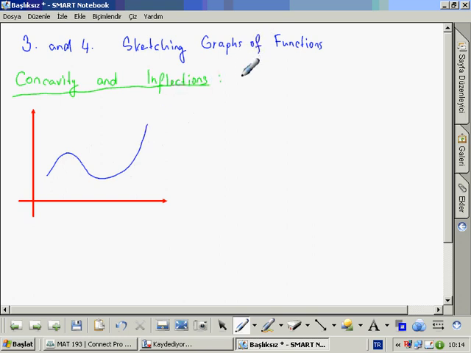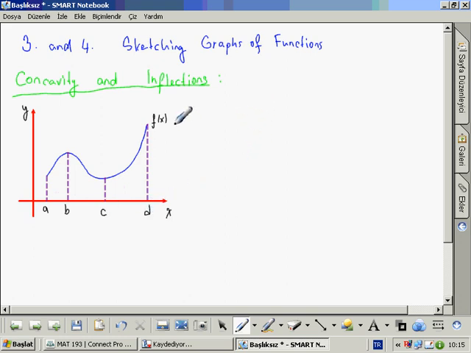We have some points, like that, and this is the f of x function, with x, y axes and the intervals a, b, c, and d.